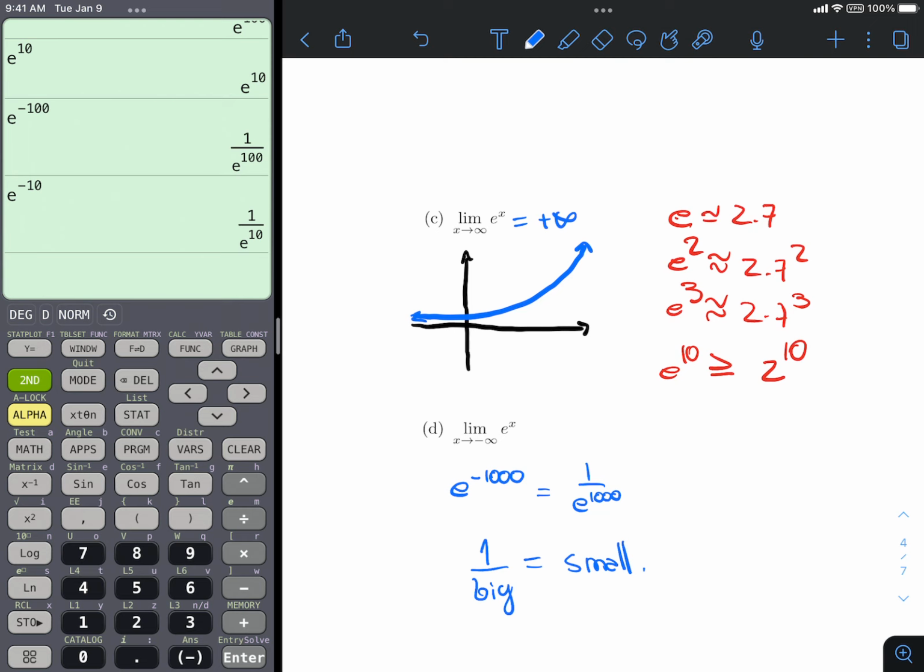Small meaning very, very close to 0. So this limit equals 0. Not sure if this was helpful because the calculator didn't work, but this is more or less the idea behind limits at infinity.